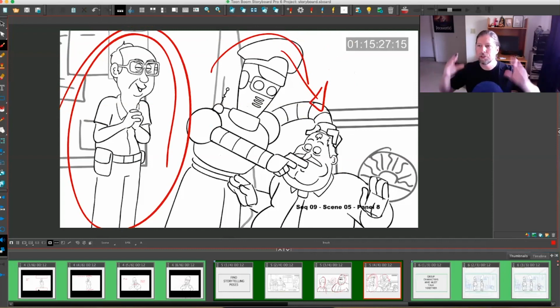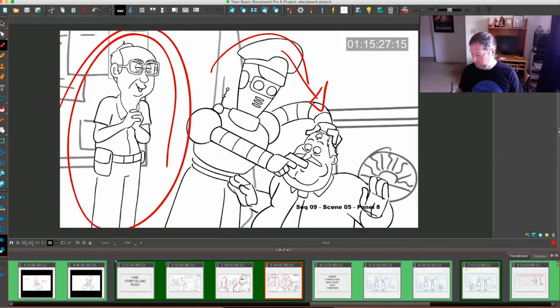This becomes the storytelling pose. It's the point of the entire sequence that was written. And so once you find that storytelling pose, you can start plotting out where your cutaways will be, when you're going to show different characters based on the script, but you know that this is the focal point that you will be working around to tell the point of this sequence correctly.